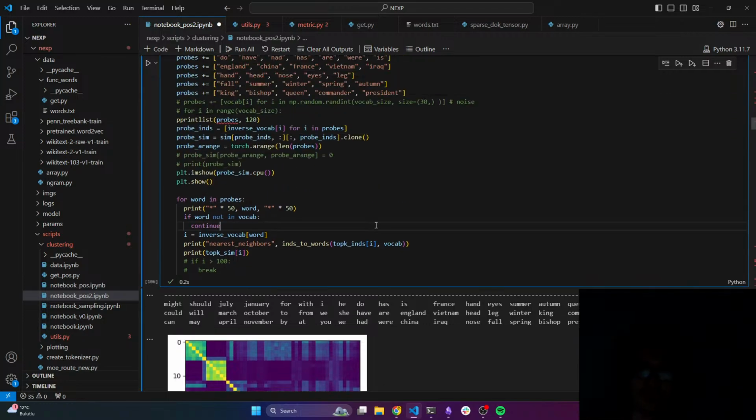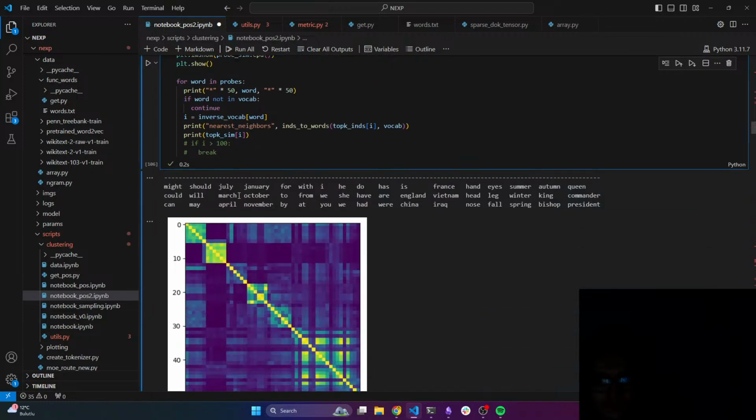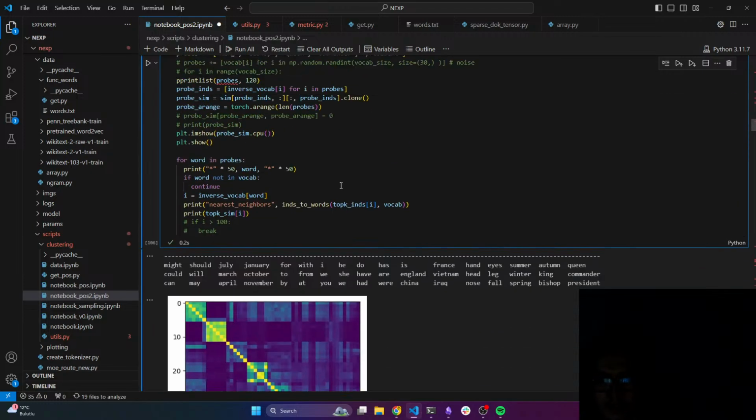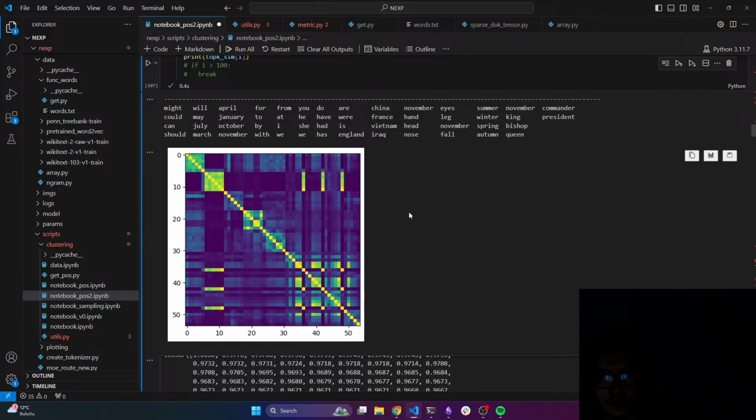Maybe I should use a separator, right? Let's use, since this is pretty clear, I'll just use November. So, right. The first supposed cluster, second supposed cluster, not so cluster-like.